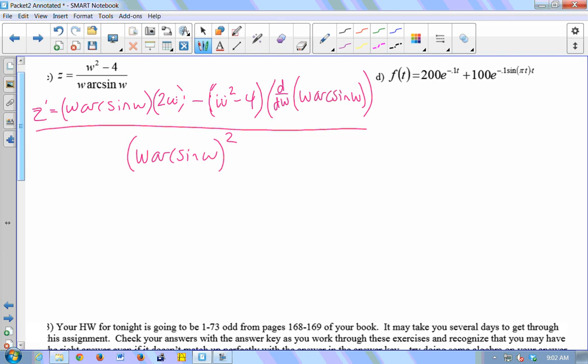Okay, so I'm almost done. I just have that derivative of the denominator to do, and I decided to save it so that I wouldn't get lost in which derivative I was taking.